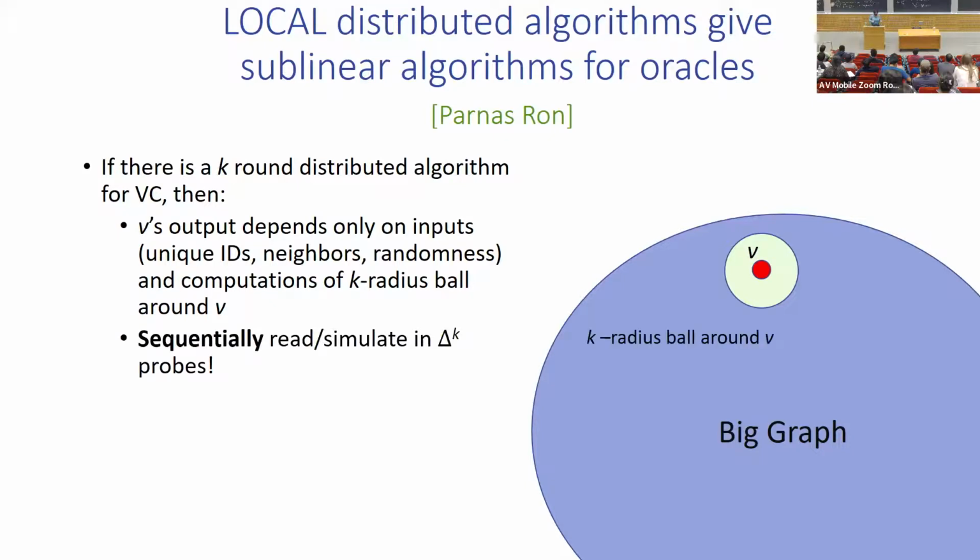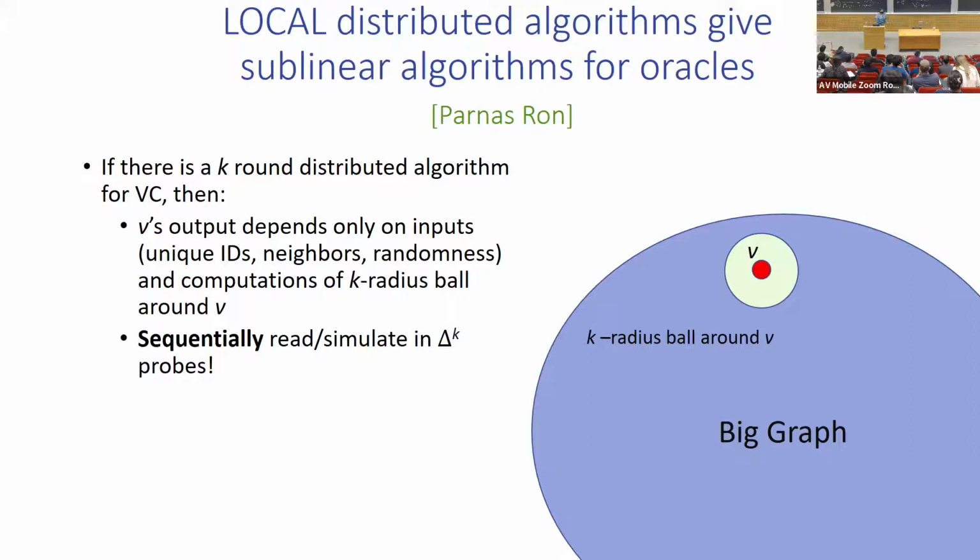All right, so that means a sequential algorithm to figure out what V is gonna output just needs to look at this radius k ball around V. It just needs to explore the graph, do a BFS up to distance k from V, figure out what's around there, and then compute the value that V would have answered.